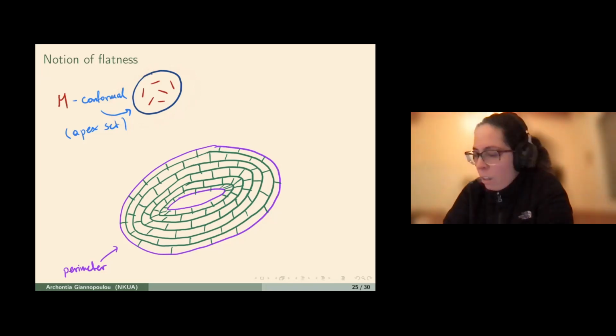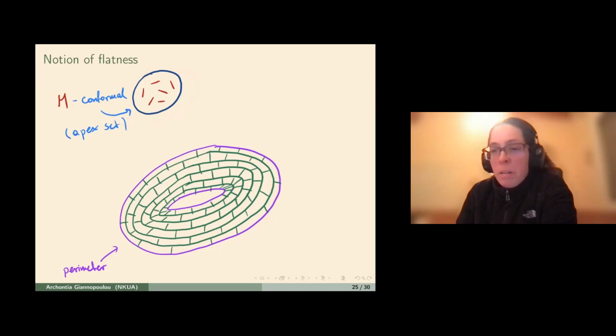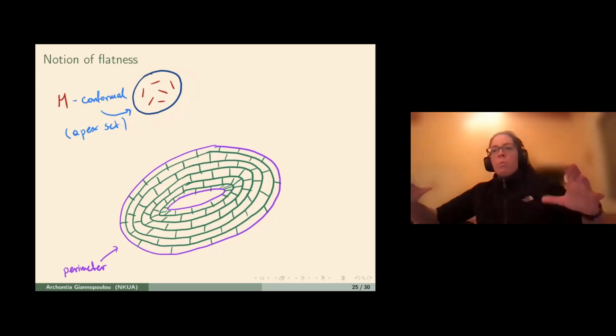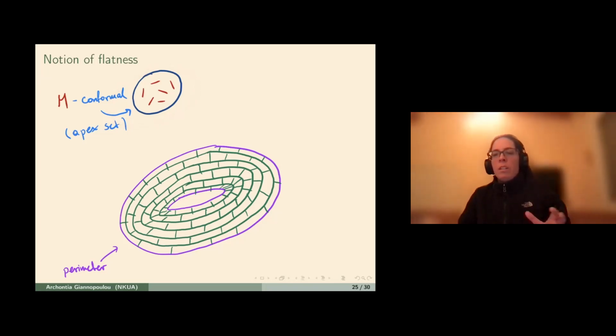Now, what does flat mean? First, we have the perimeter, right? The perimeter bounds the wall. It kind of tells us where the wall is, what is outside of it, what is inside of it. But we have removed some edges in order to find it. And whenever we remove edges, we actually have no guarantee that the rest of the graph has a perfect matching.